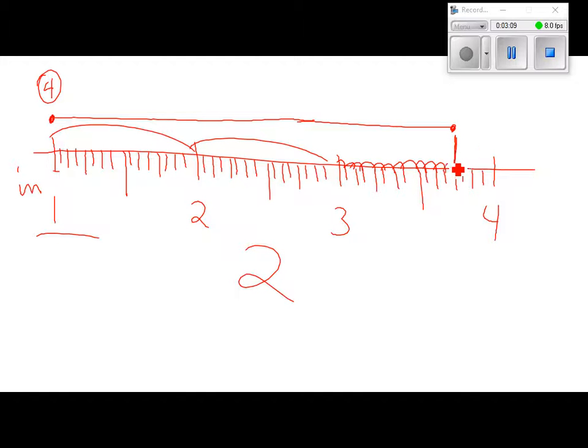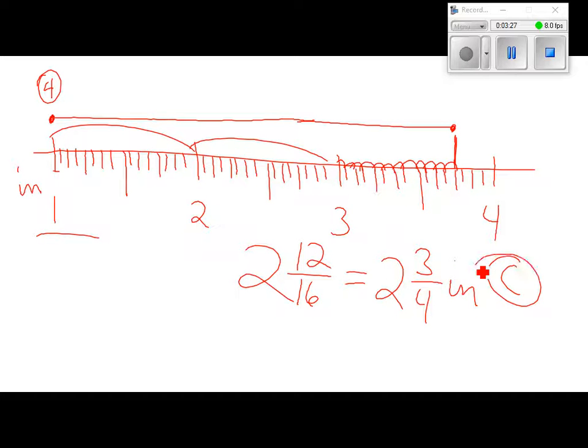Looks like it stops right about there, so about 12 spaces. So we got 2 and 12/16, and we can reduce that down, so it's 2 and 3/4 inches. And that's letter C on the paper.